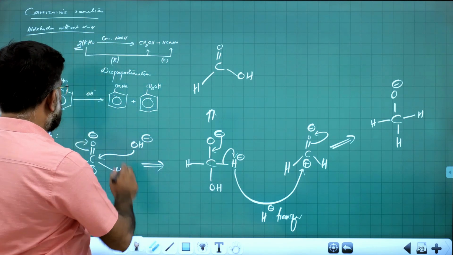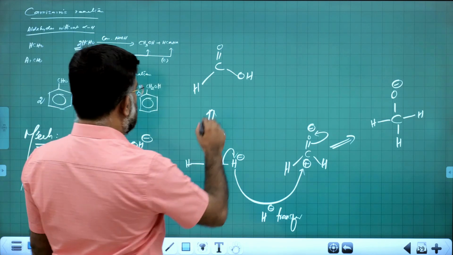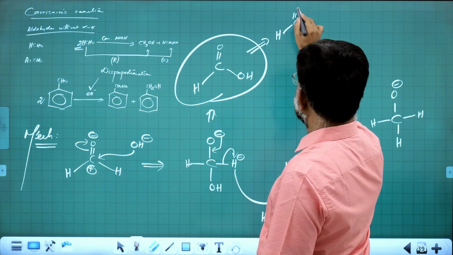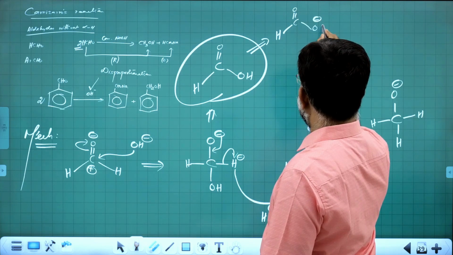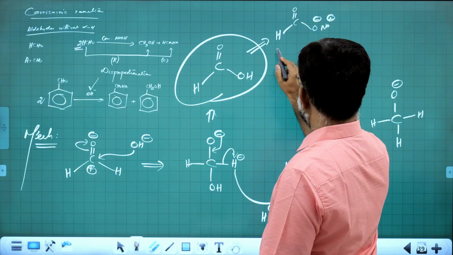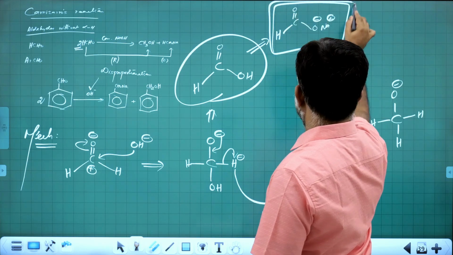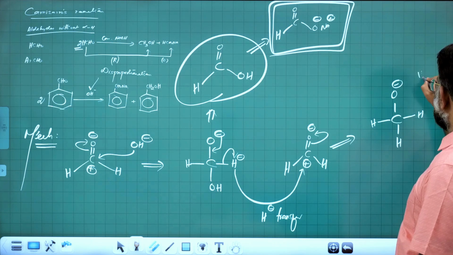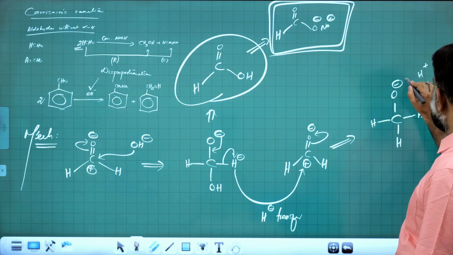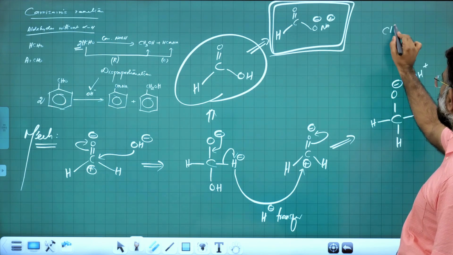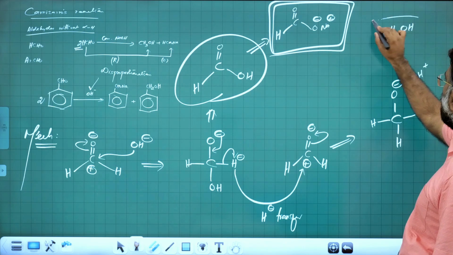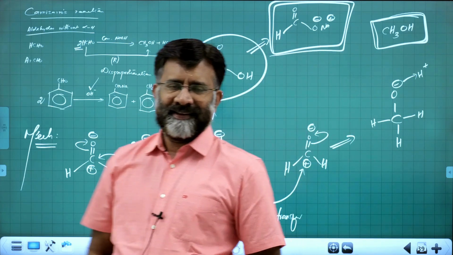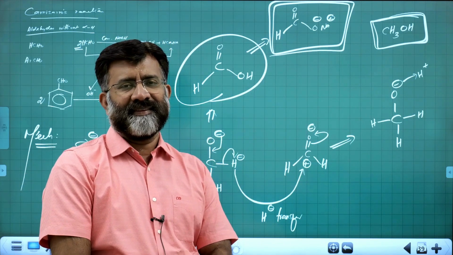Now since it is an alkali medium, the acid will be in the ionized form. You get HCOO minus Na plus, if you are taking NaOH. This is product number 1, sodium formate. The alkoxide is not that much acidic; it will remain as OH by absorbing a proton from the solution. You get CH3OH, product number 2. That is the story behind it. That is the Cannizzaro reaction.